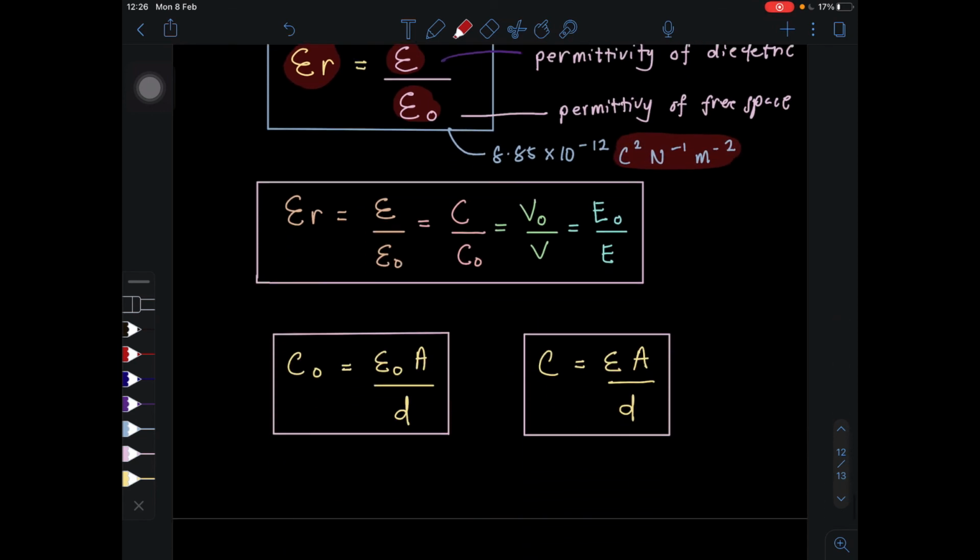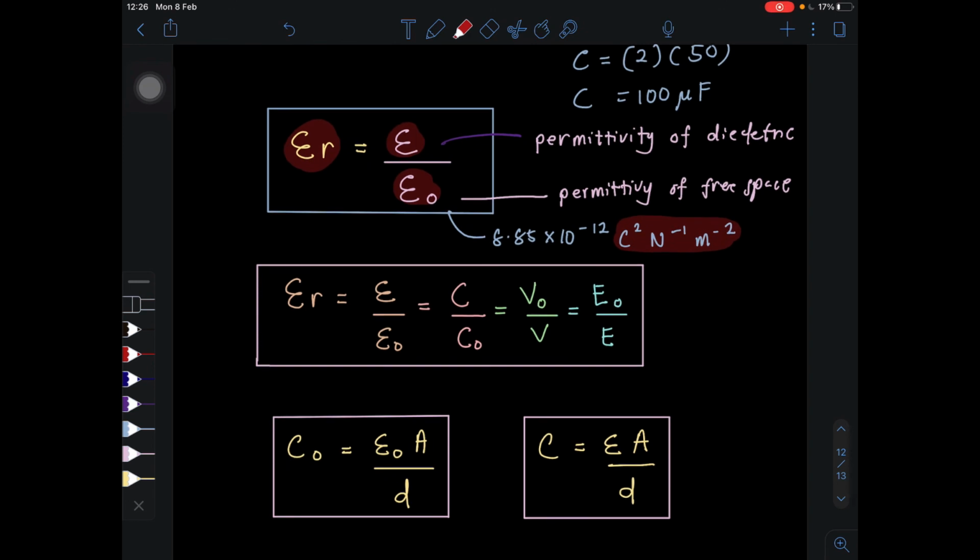So in conclusion, you have to memorise the formulas we will use in subtopic 2.3. Epsilon R is equal to epsilon divided by epsilon naught, which is equal to C here, the capacitance when the dielectric has been placed, over C naught, which is the initial capacitance in vacuum.